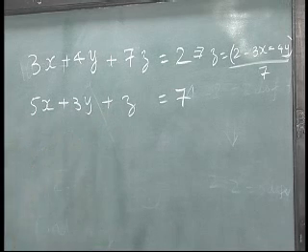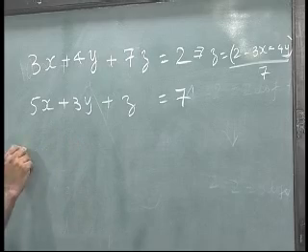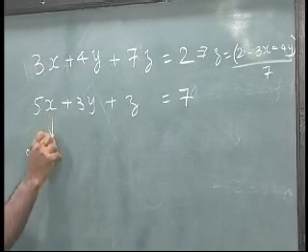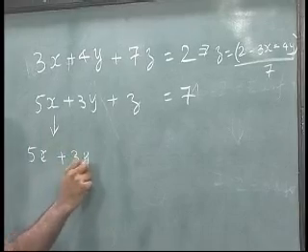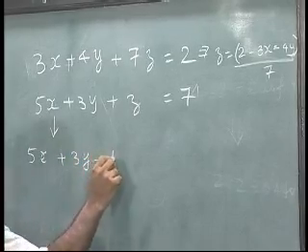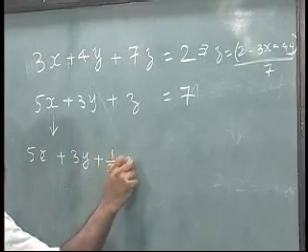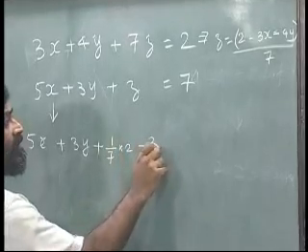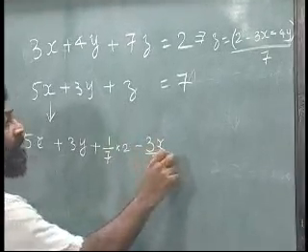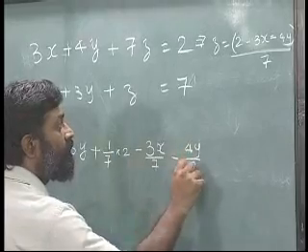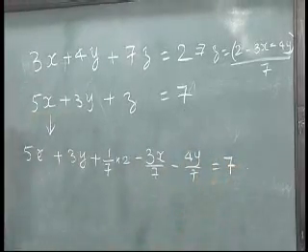Let us do that exercise because that will be useful to us. So, let me do that reduction, 5x plus 3y plus 1 by 7 times 2 minus 3x by 7 minus 4y by 7 equals 7. This is what we have.